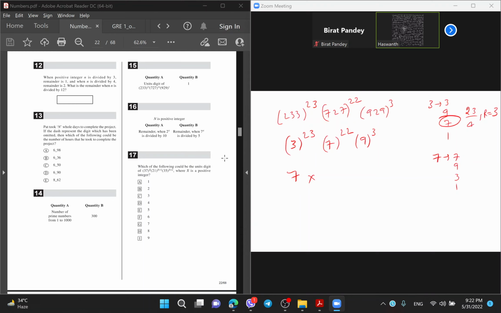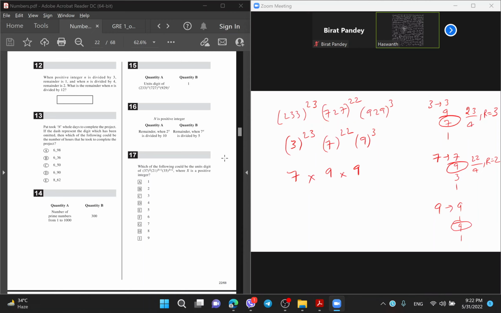Now you have to find out which one it is. For that, take this power 22 by 4, remainder is 2. Remainder is 2 means second number in the power cycle. Then for 9, power cycle is 9191, third number 9.